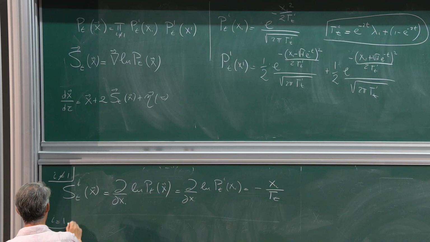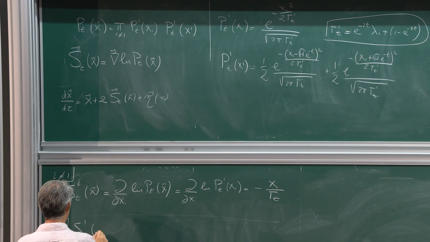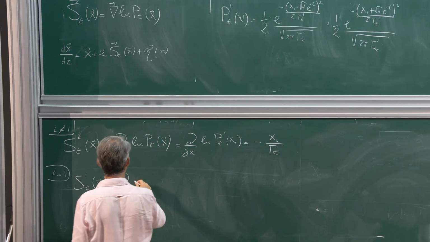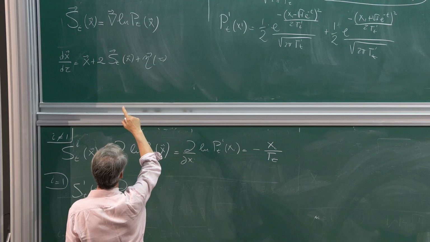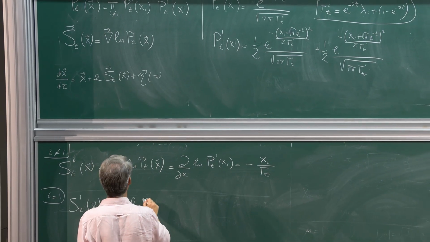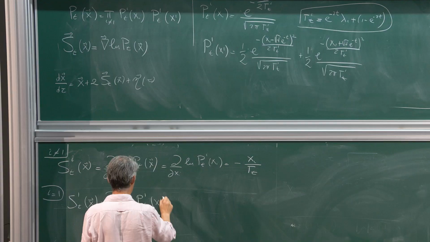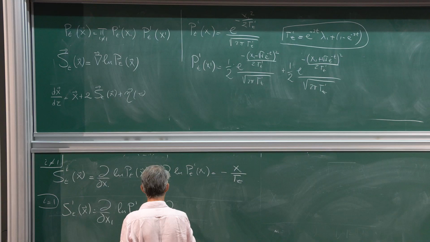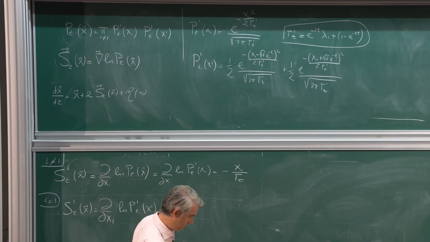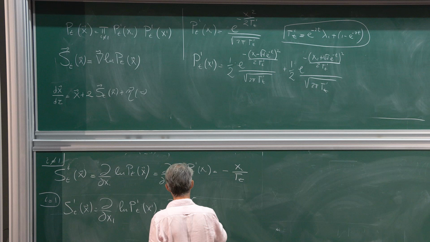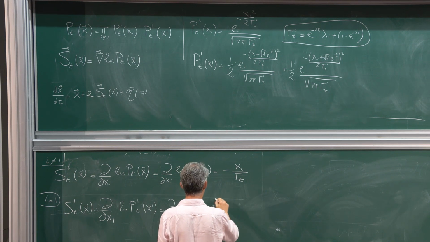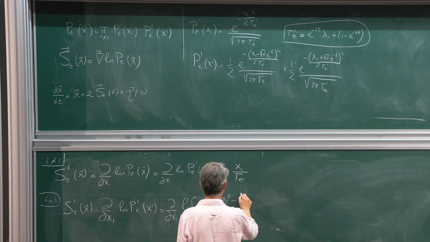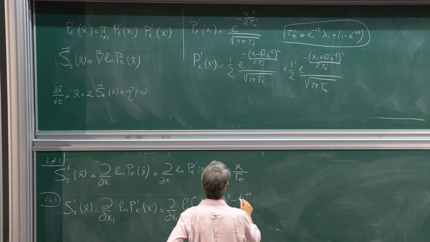And now if I take i equal 1, S1 of t of x is equal to the derivative with respect to x1. Same thing: since this is a product, it's just log of p1 of t of x1. So I take what I have there. This is the derivative with respect to x1 of log of 1/2 exponential of minus x1 squared divided by 2 gamma 1t.